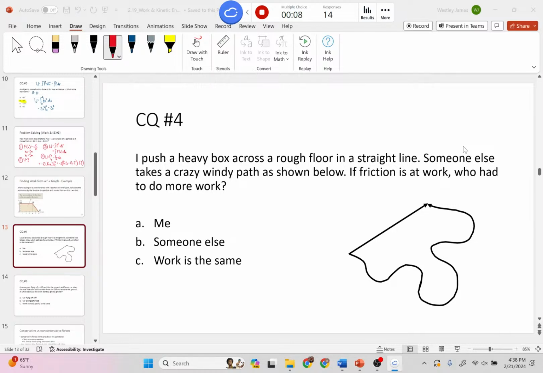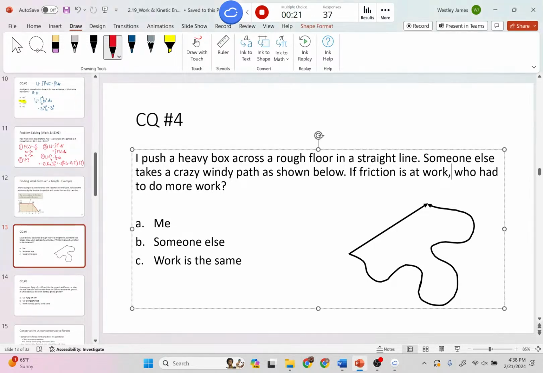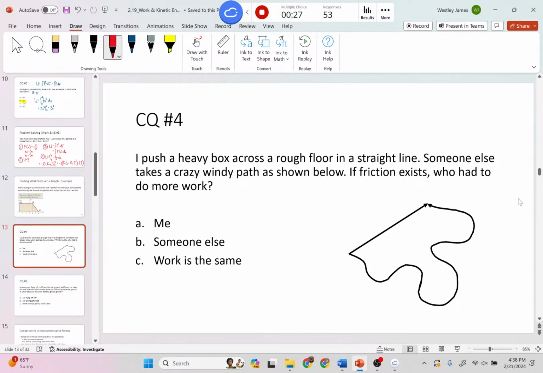If friction is existing, who had to do more work? I actually don't want to use this word work here because it's using the everyday definition and not the science definition. I mean, technically, I guess friction is at work.